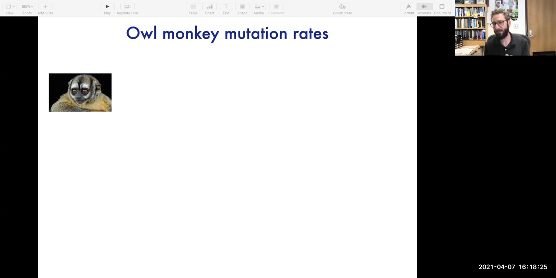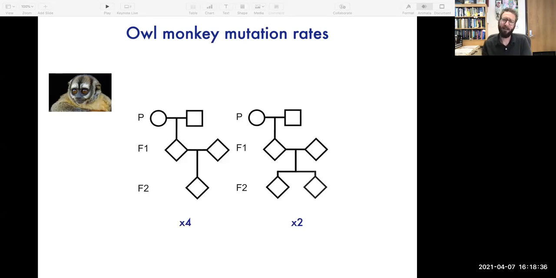And so owl monkeys, this colony down in the Bastrop Primate Center in Bastrop, Texas, happened to be the first hit that had lots of available individuals. So we had about 30 total individuals from two different types of pedigrees. The pedigree on the left, 3 generations with 1 F2 grandchild. And then the pedigree on the right, there are 2 F2 grandchildren. And I'll explain why those F2s are useful as well.